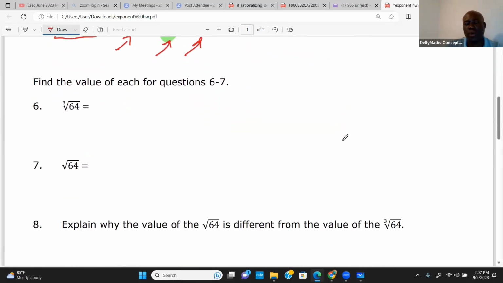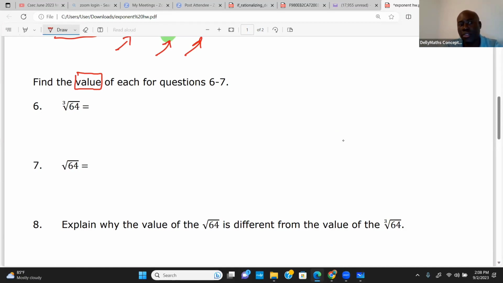Now, in this case, we're not asked to represent equivalent expressions. We're asked to give the value. So we have to take key notice. There's a huge difference between finding an expression that is equivalent to another and finding the value of. So let us quickly take a look at this.